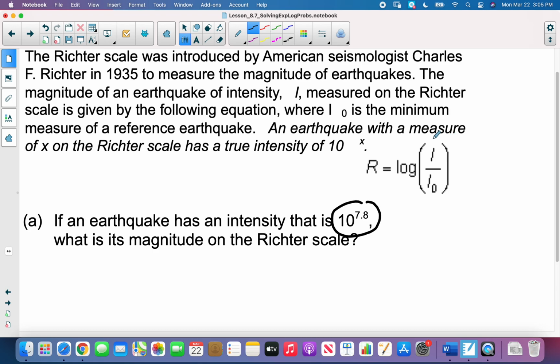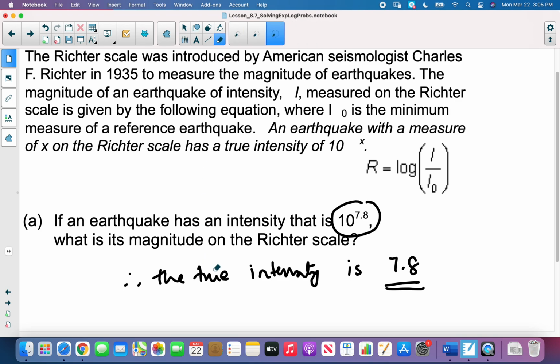An earthquake with a magnitude of X on the Richter scale has a true intensity of 10 to the power of X. So the magnitude is 7.8.